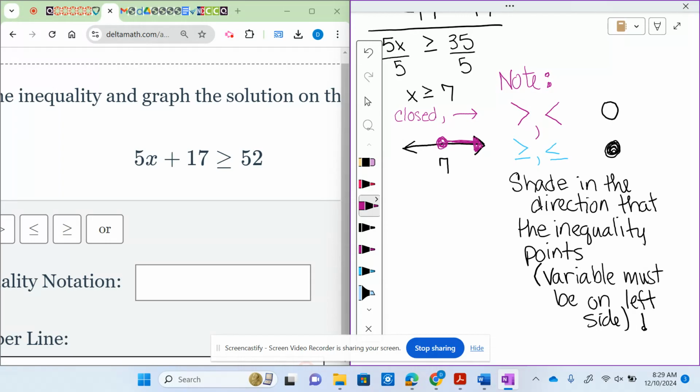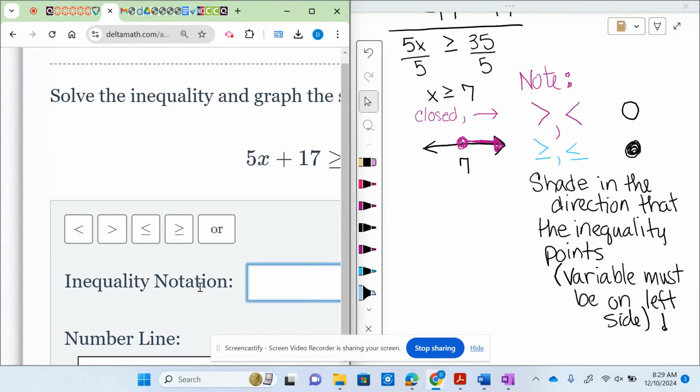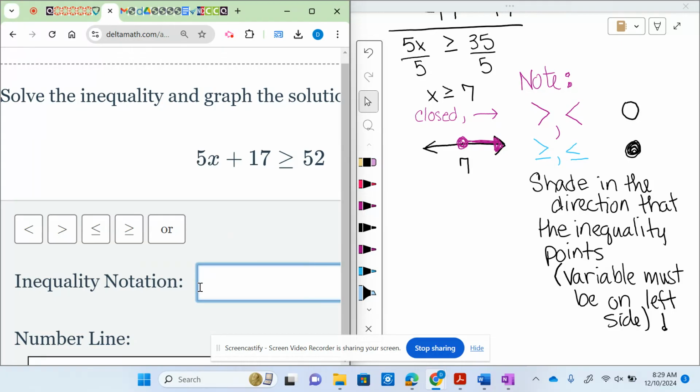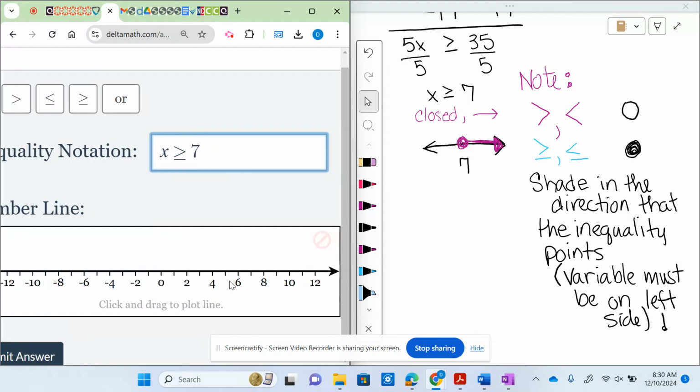Okay. So over here, my inequality notation, x is greater than or equal to 7. And then on the number line, I am going to plot a point at 7.